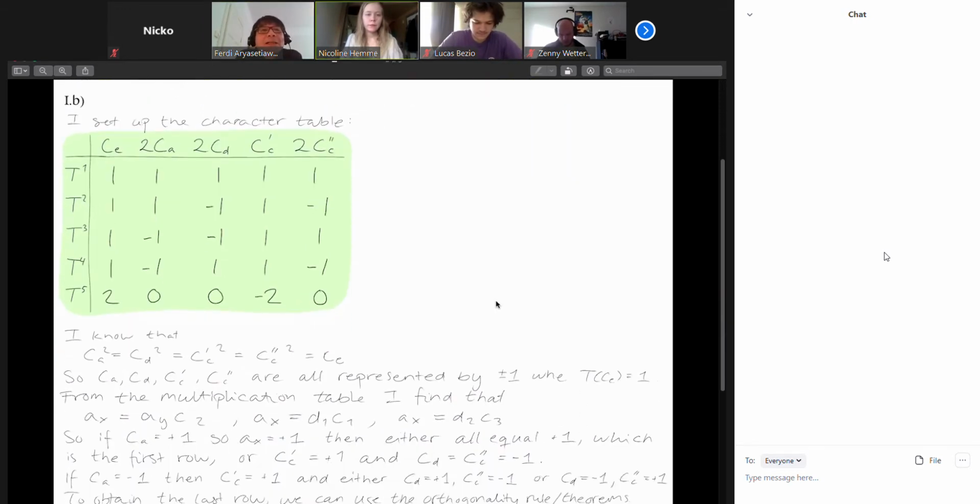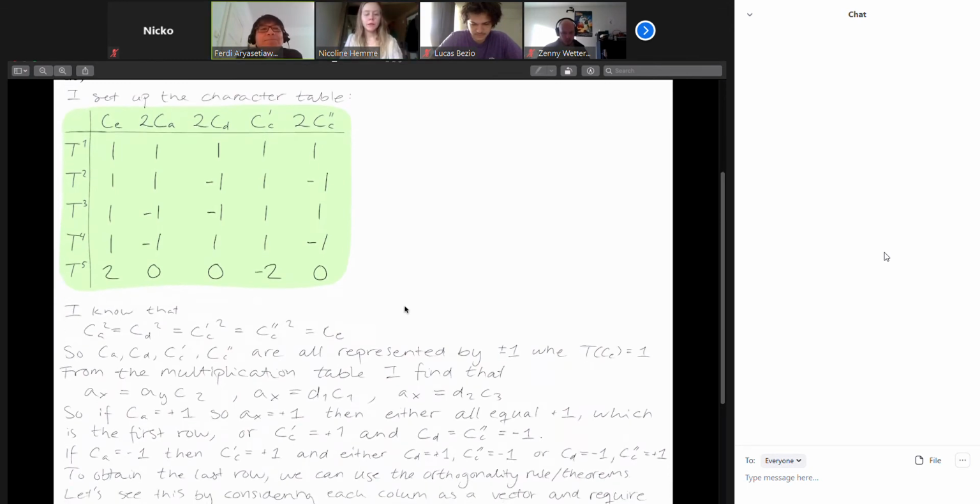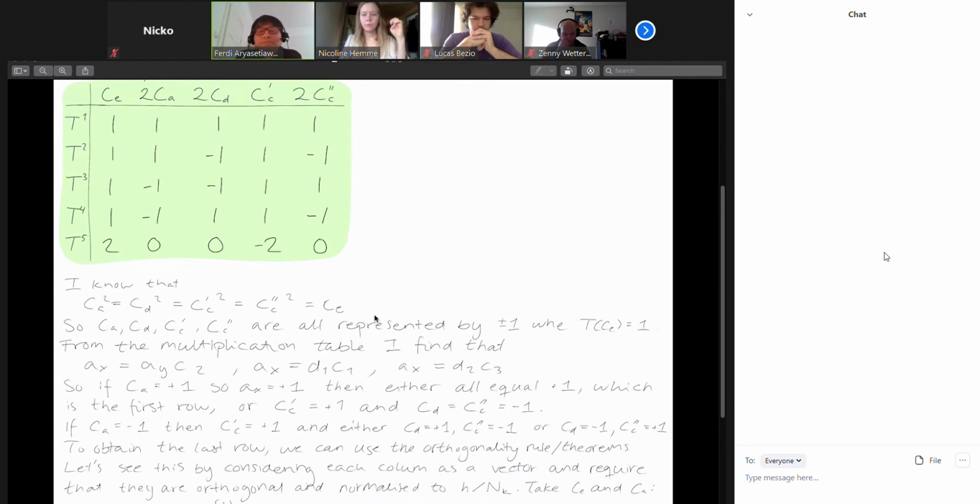For 1b, I set up the character table, and initially I only had the first row and the first column. The first column is just the dimensions, and the first row is just the identity. I've written down here how I found all the characters, and I know that the square of all the classes has to be the unit element class.